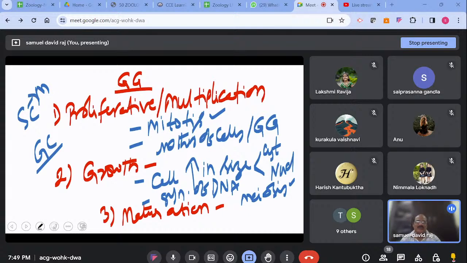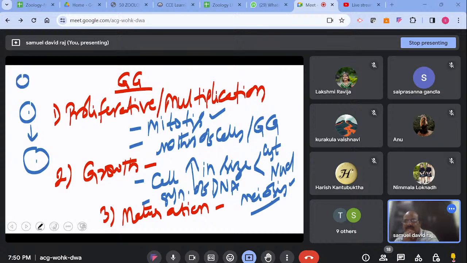So, due to meiosis, the cells which increased in size divide to produce four cells. There is one mother cell, spermatogonium or oogonium. It increases in size during the growth phase after multiplication. So there are a number of cells.